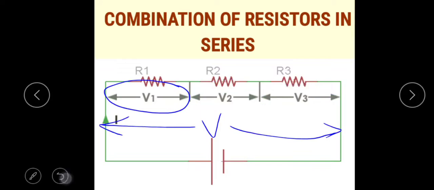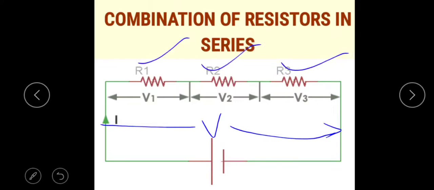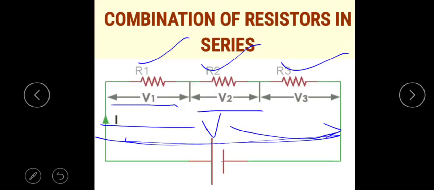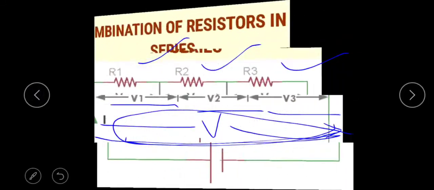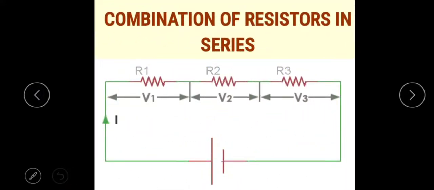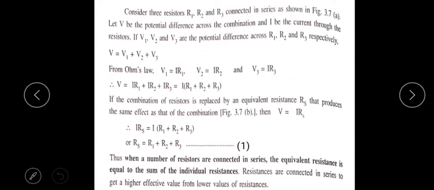If V1, V2, V3 are the potential differences across R1, R2, R3 respectively, then the total V is equal to V1 plus V2 plus V3, which gives the total potential difference across the combination.